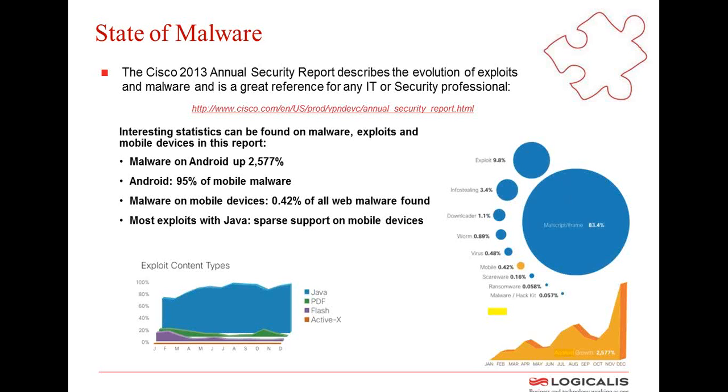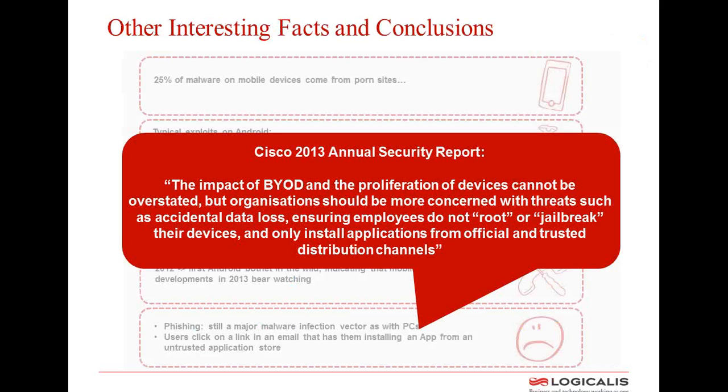So Android malware is just proliferating, and we have to be able to deal with that in a sensible way if we're going to allow these devices onto the corporate network and manage them appropriately.